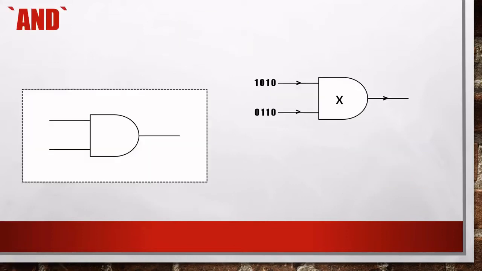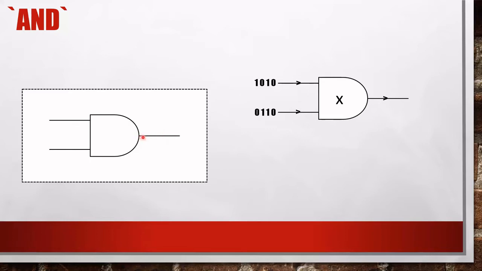Now let's talk about the AND gate. In the left figure, you can see the symbol we use to represent an AND gate. It looks like half of an oval shape, and the two lines at the front indicate the input data, and the line on the right side indicates the output.